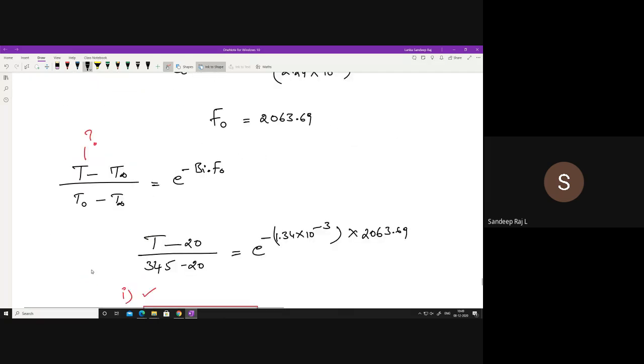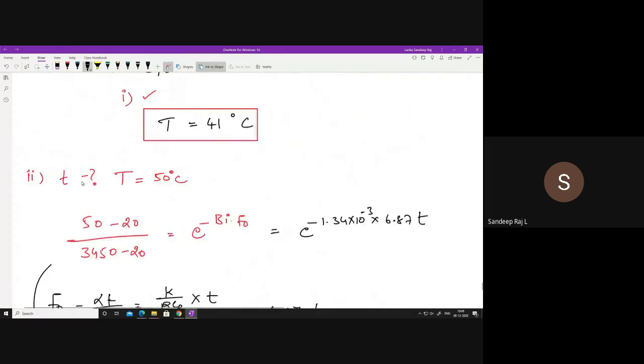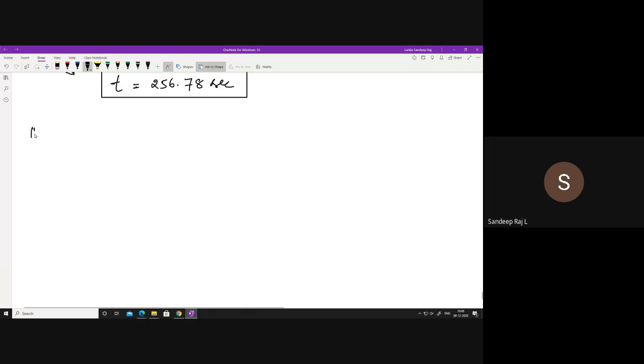Let's move on to the next question. That is the time constant he is asking. Time constant means what? The third question is asking me to find what tau c is. See, tau c means what?